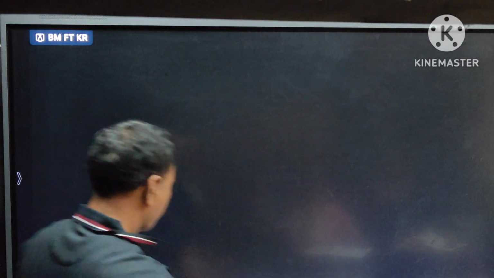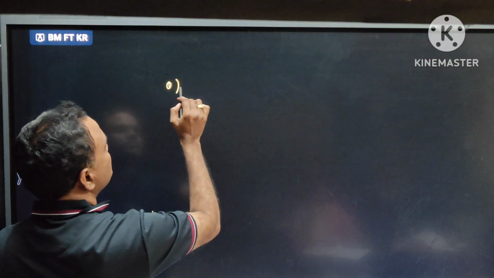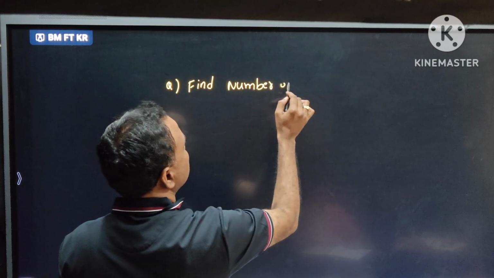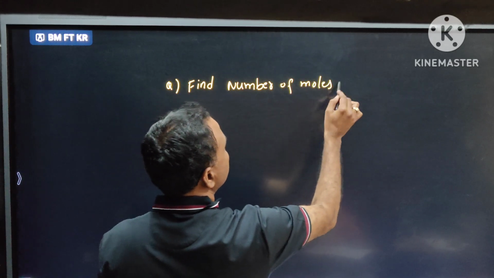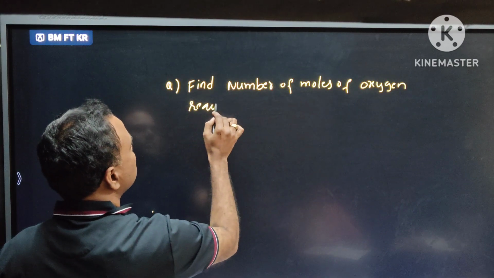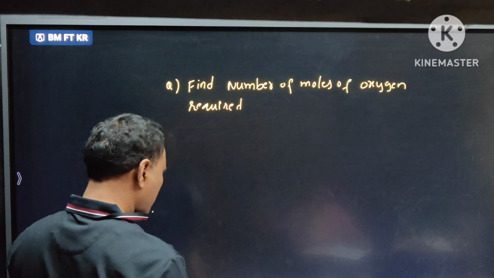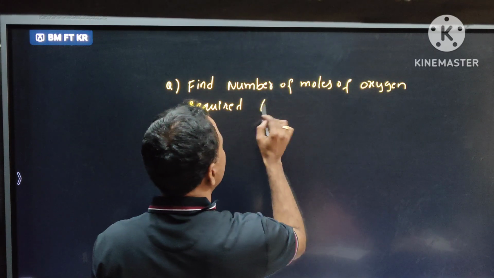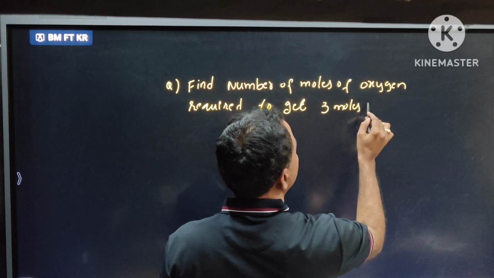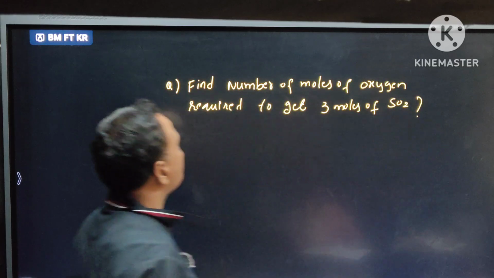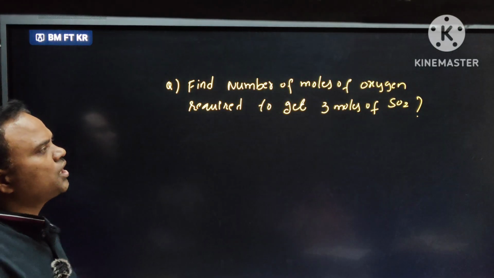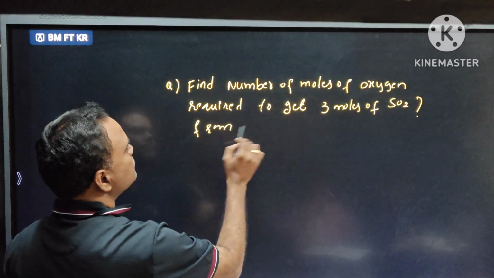First question. Find the number of moles of oxygen required to get 3 moles of SO2 from sulfur.